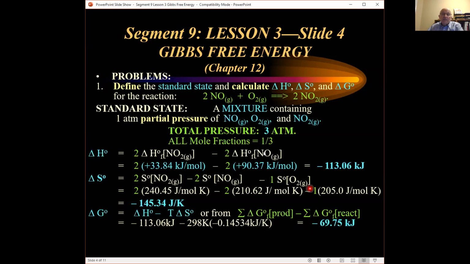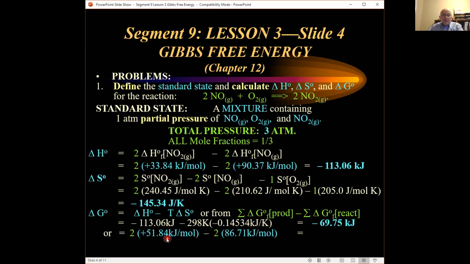Well, I think it does because it is an oxidative reaction. Most oxidations are spontaneous. So delta G ought to be negative. Now, if I use the free energy of formation of products minus reactants, I take 2 times 51.84.